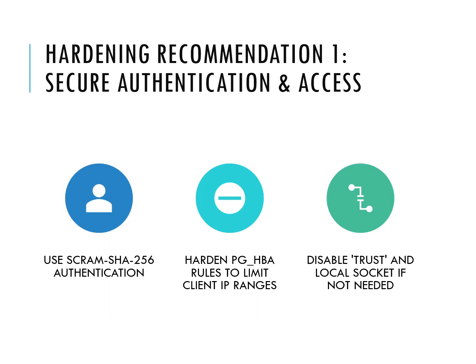Hardening recommendation 1 is for secure authentication and access. You would want to lock down authentication access by enabling SCRAM-SHA-256 for all password-based logins, and you can migrate existing users using the SCRAM-SHA-256 command. Harden the HBA configuration to limit connections by database, user, and client IP ranges, as well as removing any trust entries to avoid local socket exposure unless needed.